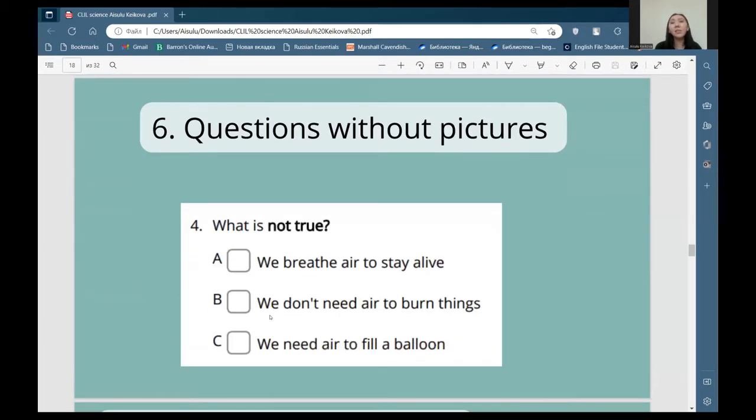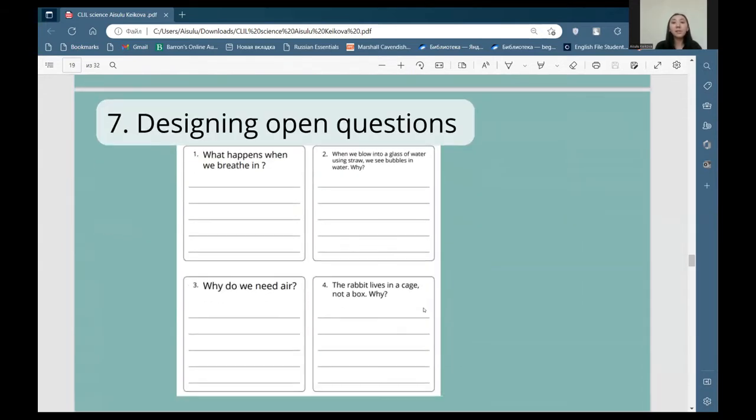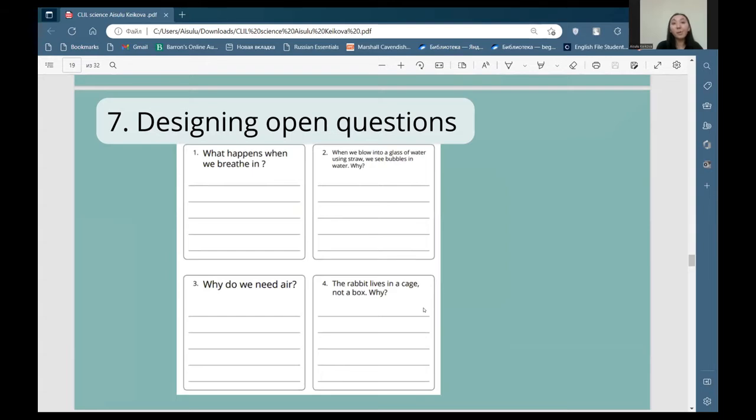And then the last stage is questions even without pictures. They only focus on the main terms that we have already learned, like breathe air, stay alive, need, burn, to feel, a balloon, etc. Of course they still have some challenges, but previously they had already studied these words. Designing open questions, I would call it level 4.